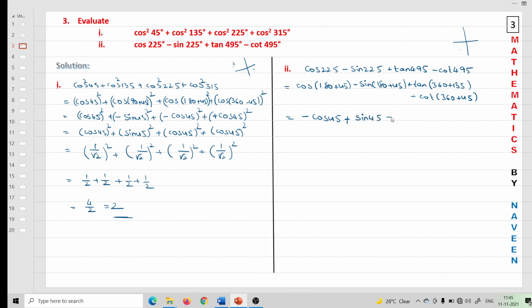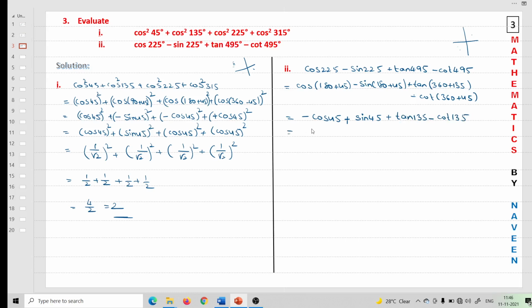Right? Plus 360 plus theta. These both are in the first quadrant only, and all are positive, there is no change in trigonometric ratio. So tan 135 minus cot 135.